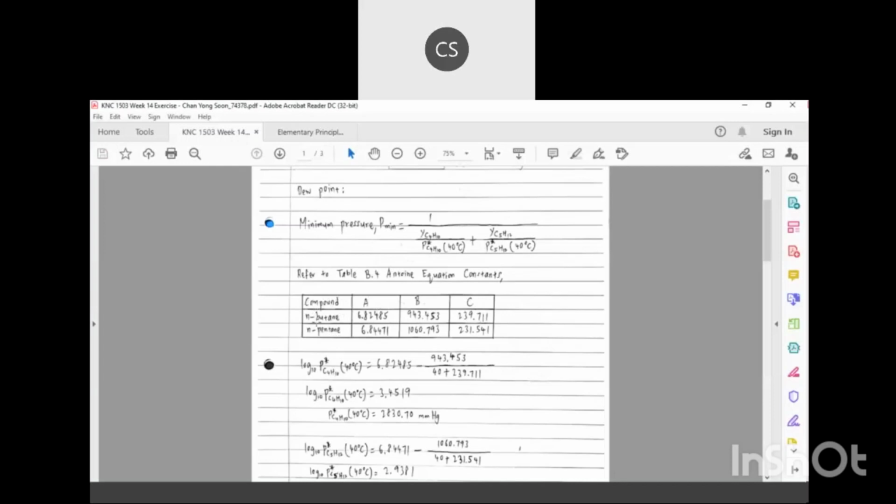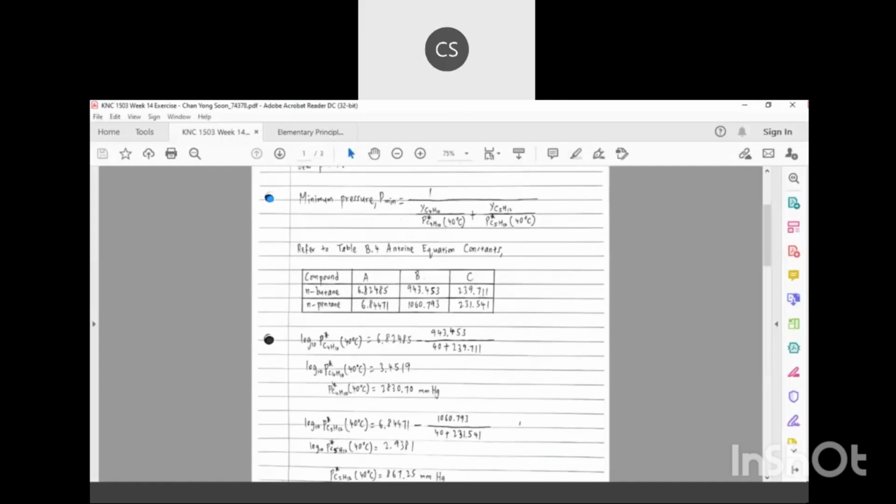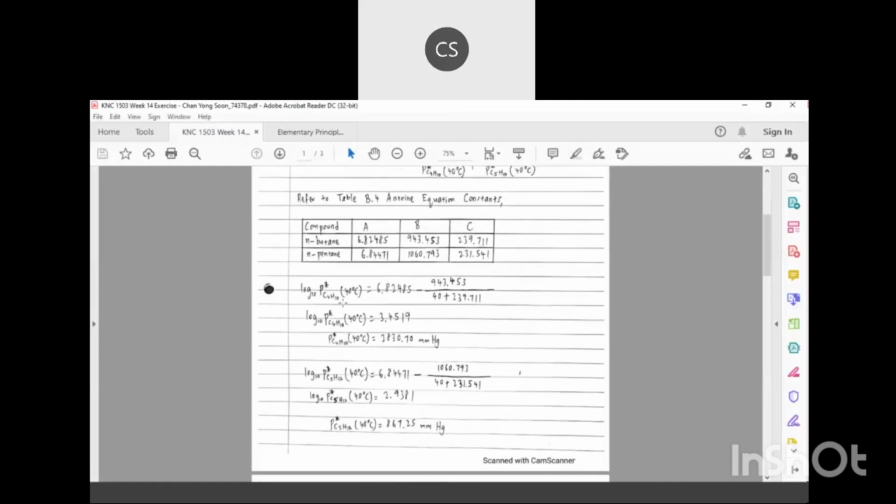Then you find the vapor pressure of the pure species first, so that you can find the minimum pressure next. So you just find the vapor pressure of the pure butane and the pure pentane.